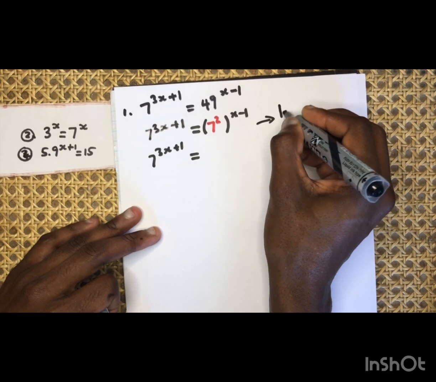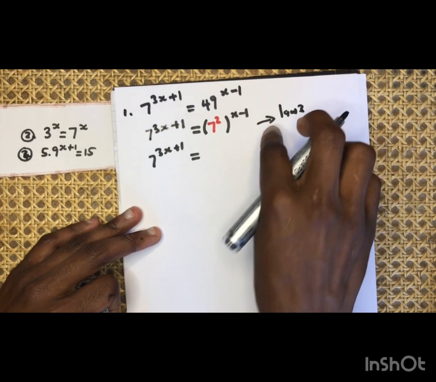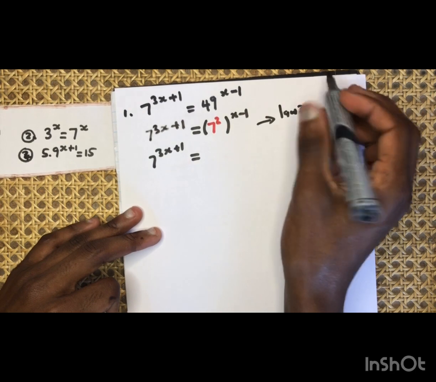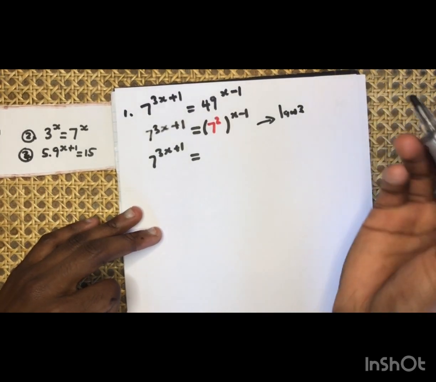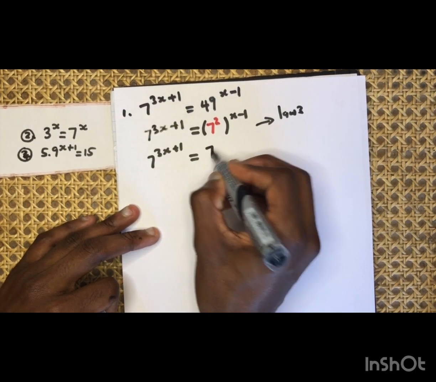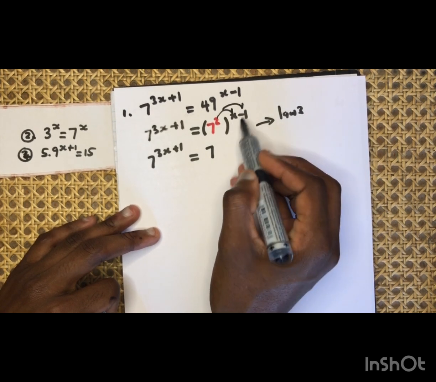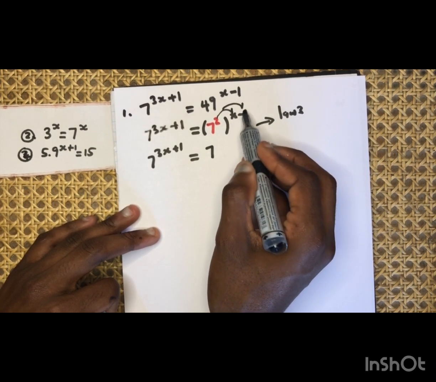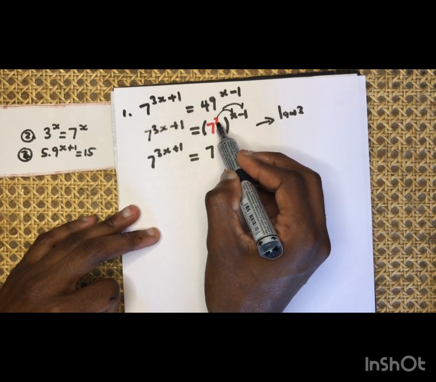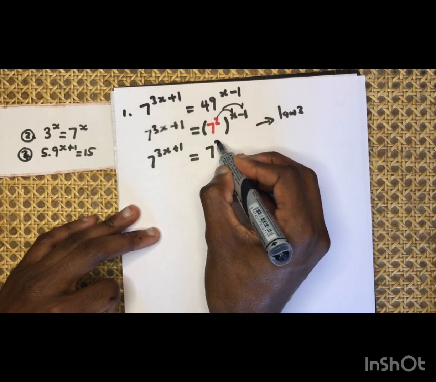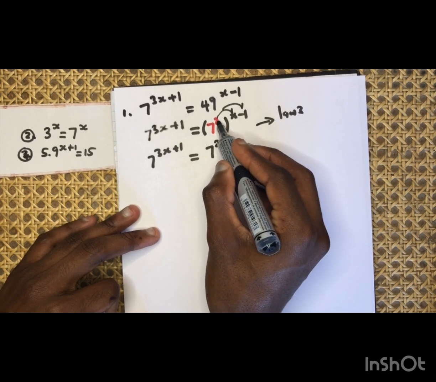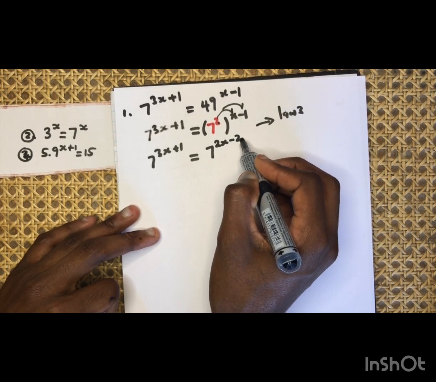Yes, law number 3. Remember, you don't have to write the reason. I'm just reminding you which law to apply. So this is 7, and this 2 multiplies the exponent twice. 2 times x is 2x, then 2 times negative 1 is negative 2.